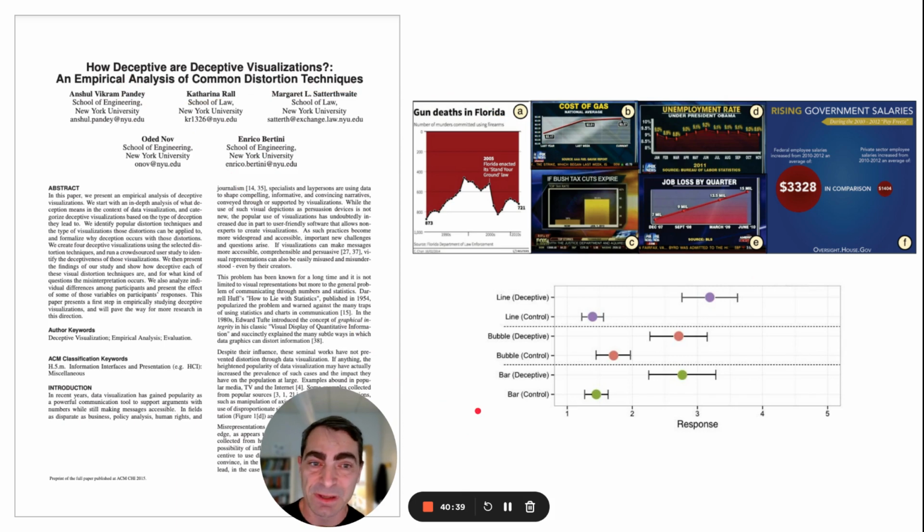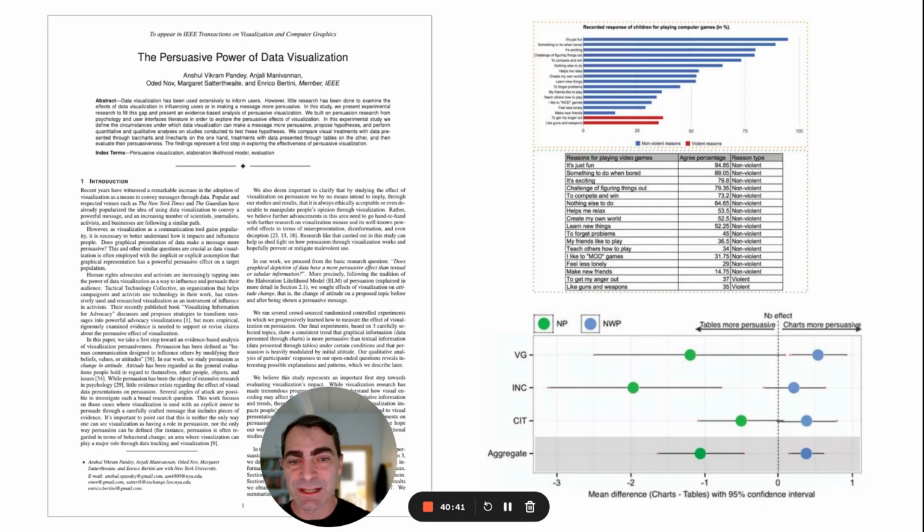So big problem there. And the next one is research that we have done on persuasion, showing that graphical depictions of data, in our case, compared to tabular depictions of data, can actually, in certain cases, lead people to be more persuaded by what they are shown. So the idea here is, if I show you a graph, is it more likely that you will be persuaded by my argument, right?